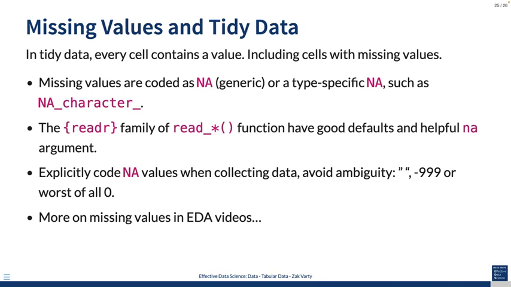And really worst of all is encoding missing values as a 0, because in so many situations this is incredibly easy to overlook and could lead to large biases in the conclusions that you're drawing. We'll come back and revisit the idea of missing values and how you can handle them during the exploratory data analysis videos.